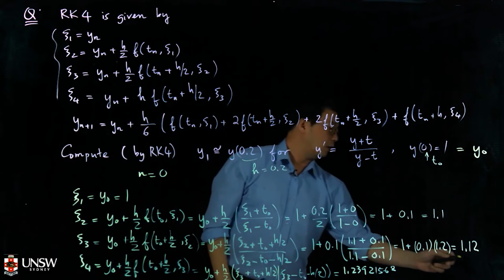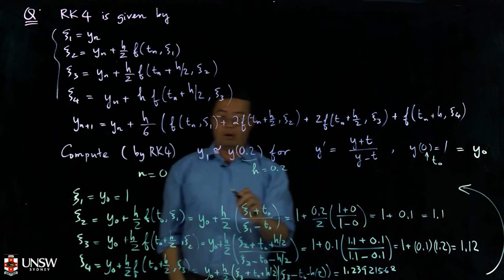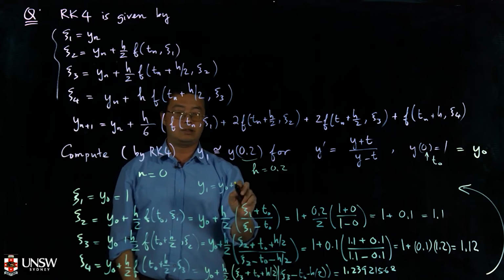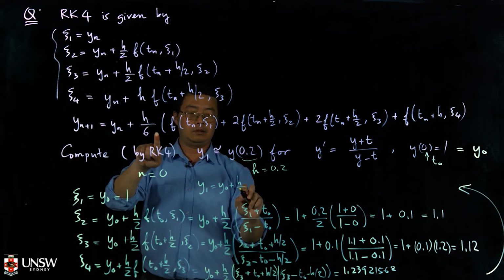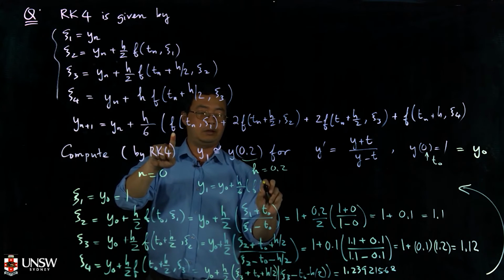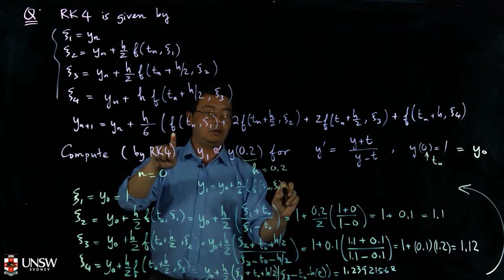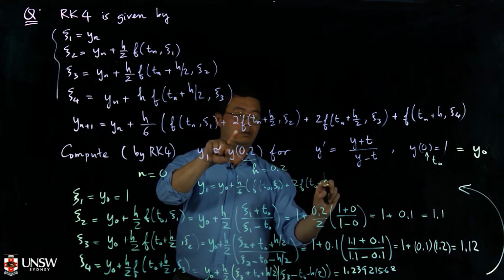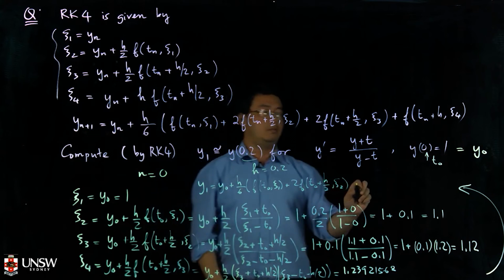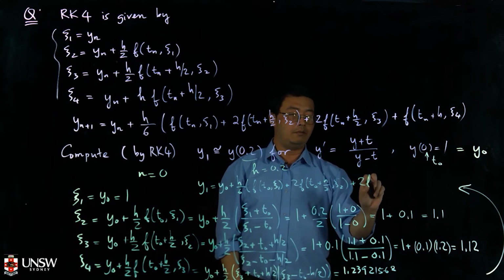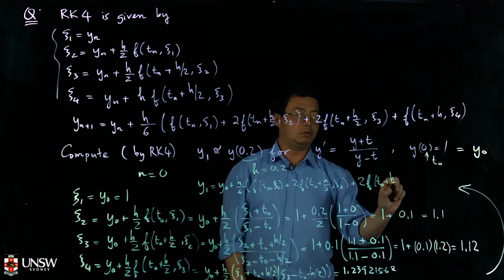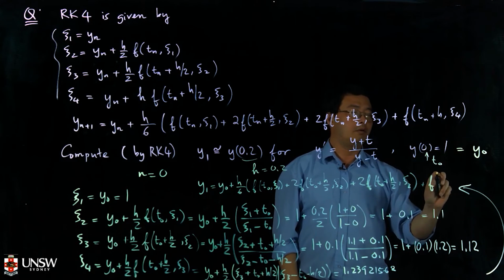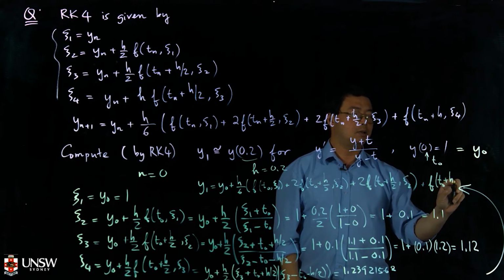Assume that you have all the values, then y1 is just equal to y0 plus h over 6 times f at t0, xi1, plus 2f at t0 plus h over 2, xi2, plus 2f at t0 plus h over 2, xi3, plus f at t0 plus h, xi4.